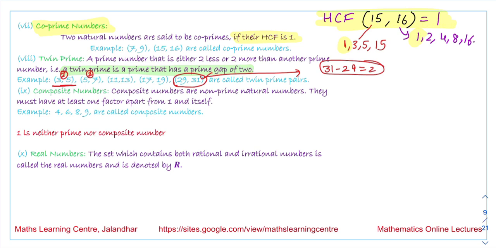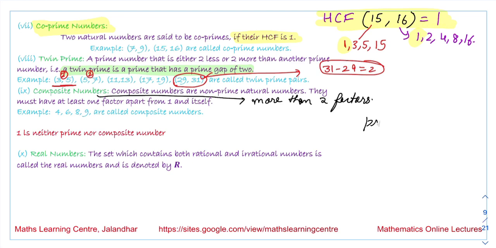Next is composite numbers. Composite numbers are non-prime natural numbers that have at least one factor apart from 1 and itself. Basically, composite numbers are those numbers which have more than 2 factors.